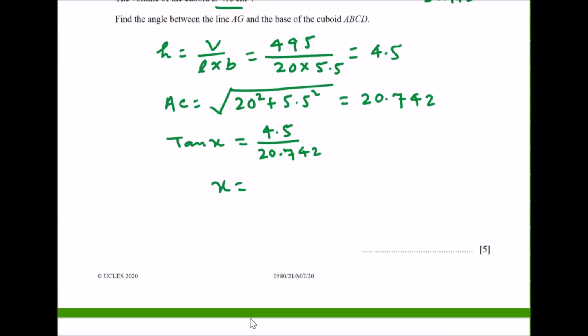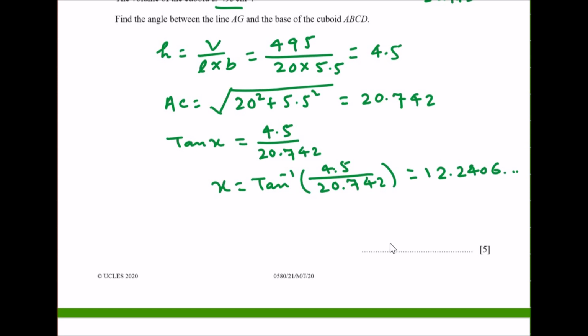So x equal to tan inverse of 4.5 divided by 20.742, and that comes 12.2406 and more.